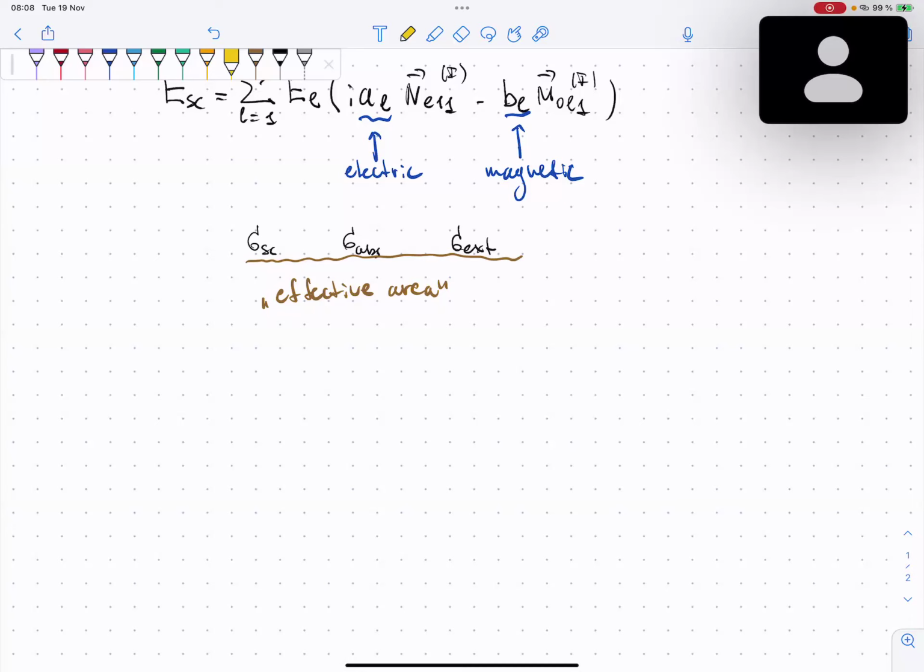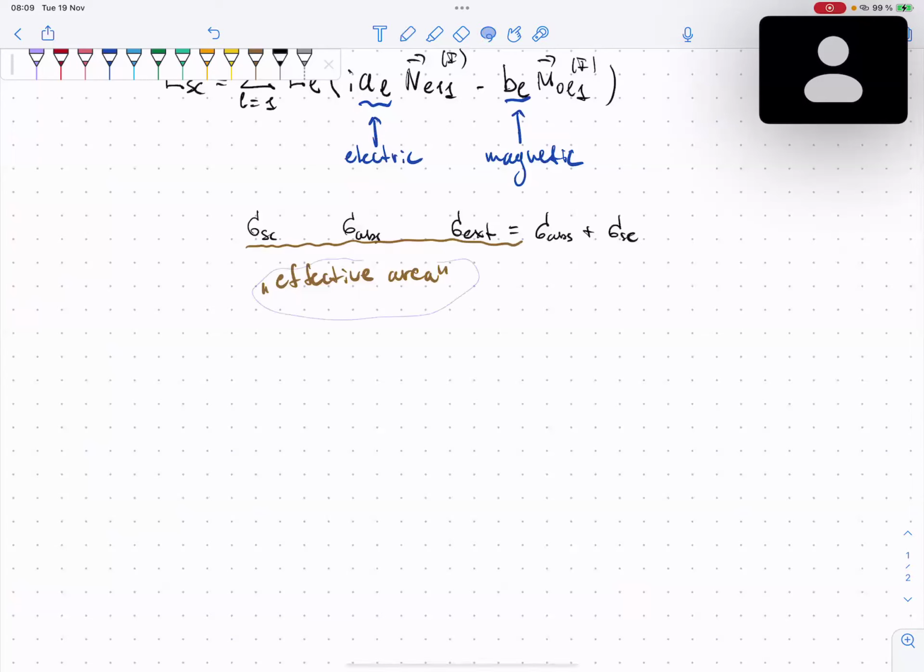For absorption, it's the effective area that absorbs, and extinction is just absorption plus scattering. So this is the effective area that interacts with photons, something like this.